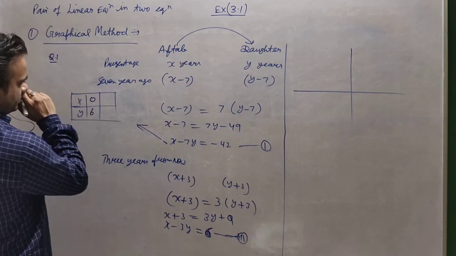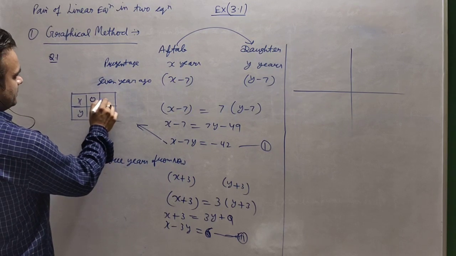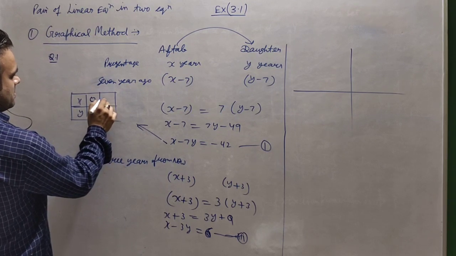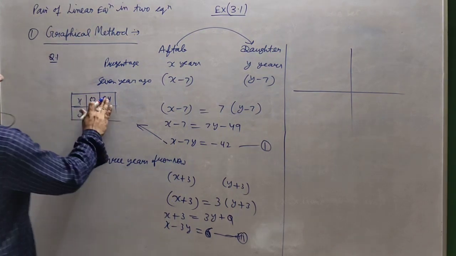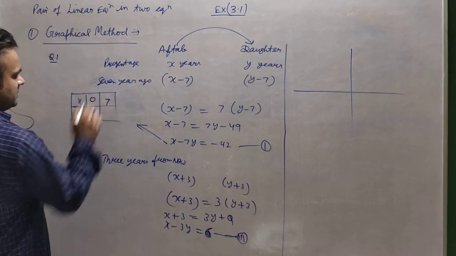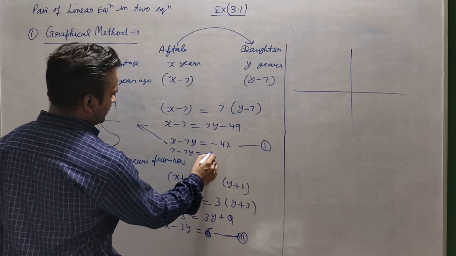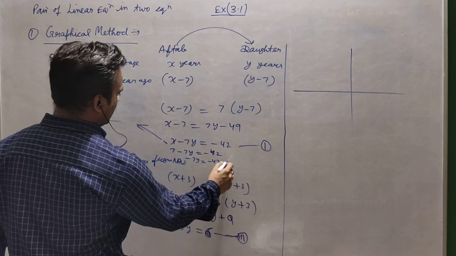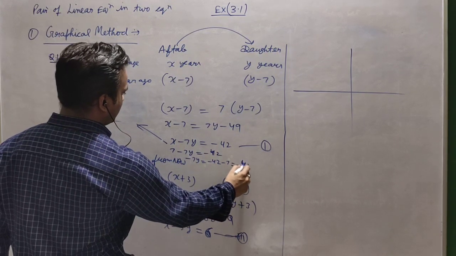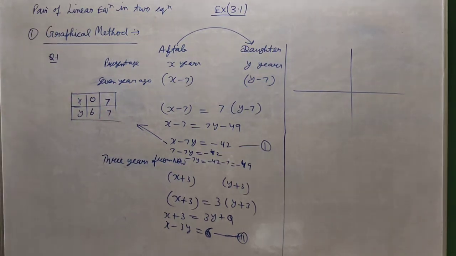Can we put 14? If x is 14, or you can put x is 7. If you put 7, it is 7 minus 7y is equal to minus 42. So minus 7y is minus 42 minus 7, so it will be minus 49, and y will be 7. For x 7 we are getting y 7. This is the first one.